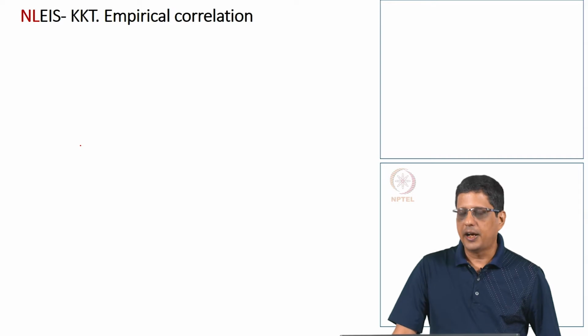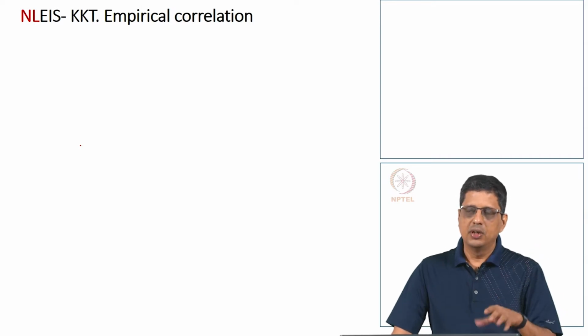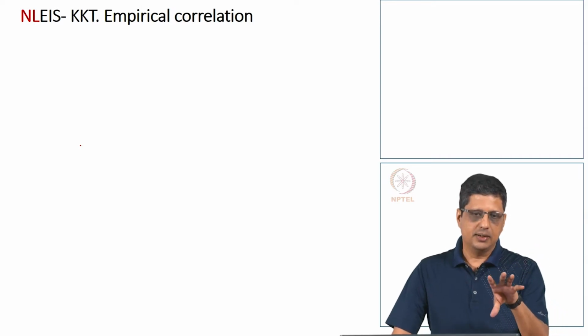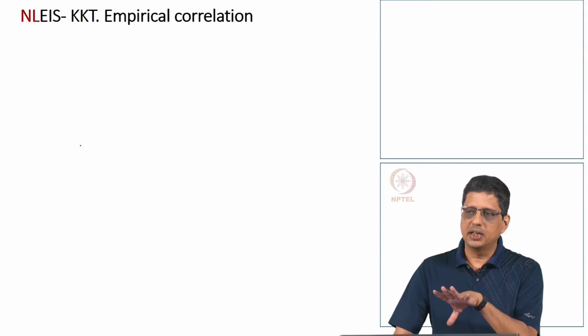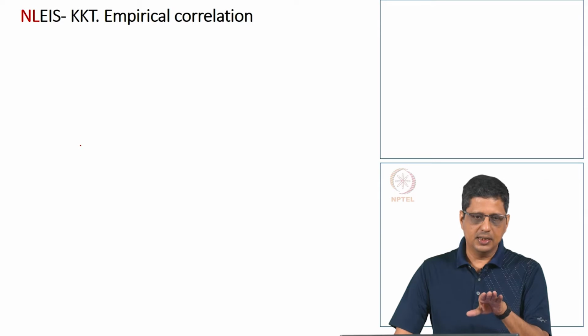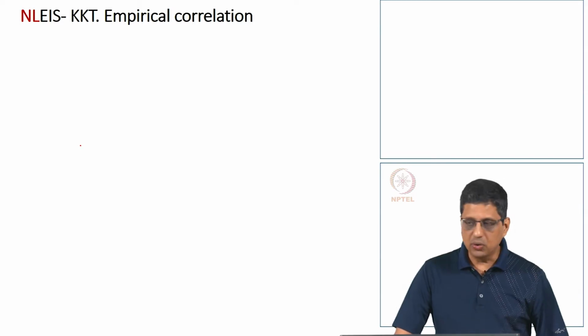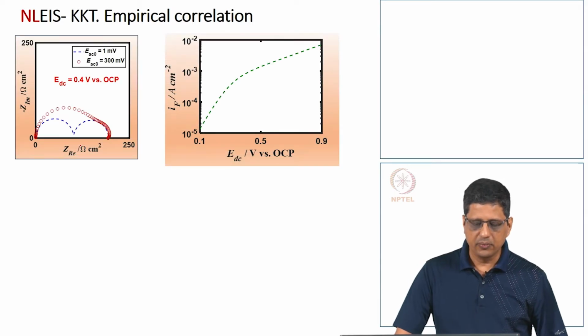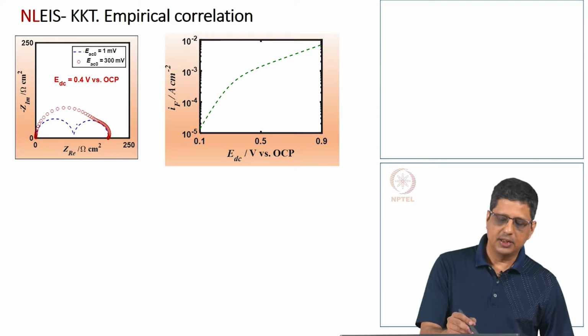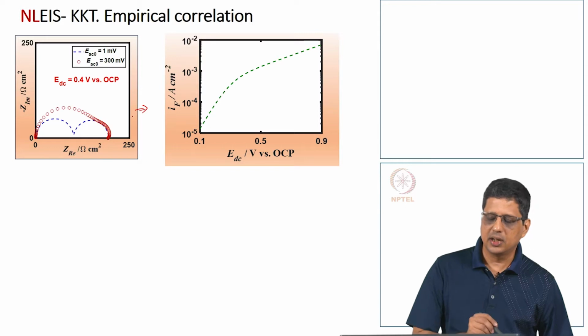Now, after looking at this result, we know that sometimes KKT can detect, sometimes KKT cannot detect the nonlinearity. We looked at various possibilities, and these are the conclusions we have come to. First set of spectra, 1 millivolt and 300 millivolt, KKT was able to detect the nonlinearity.